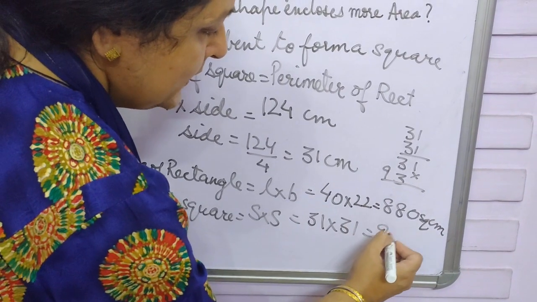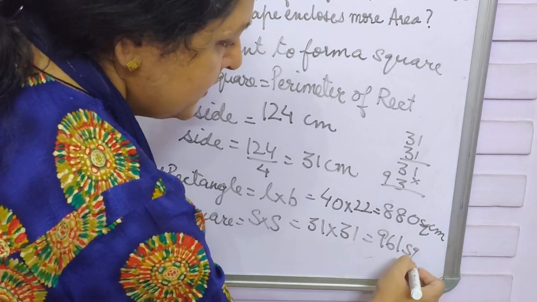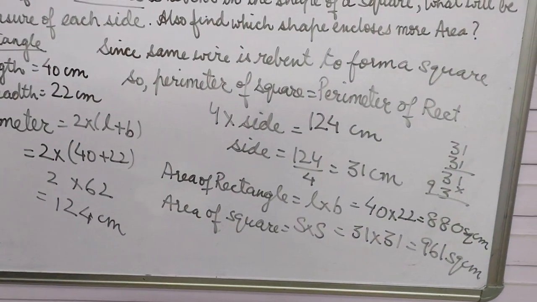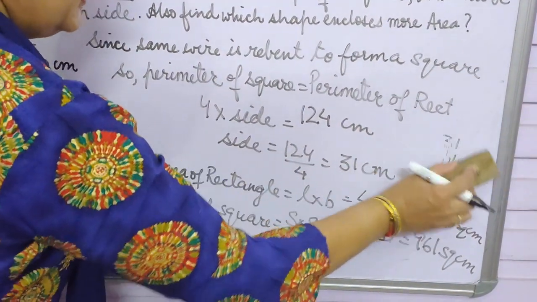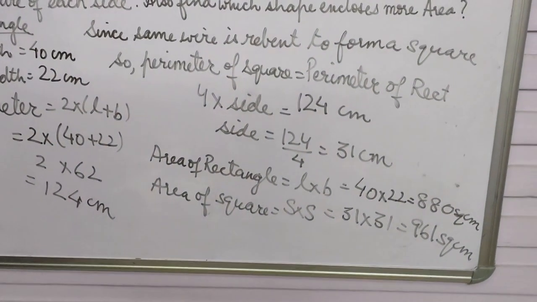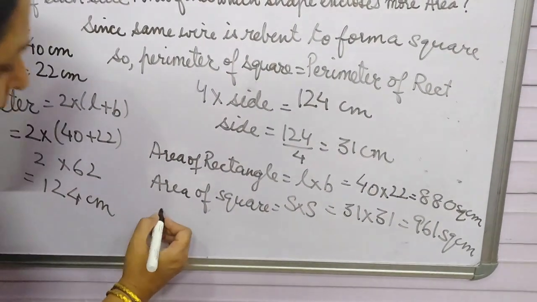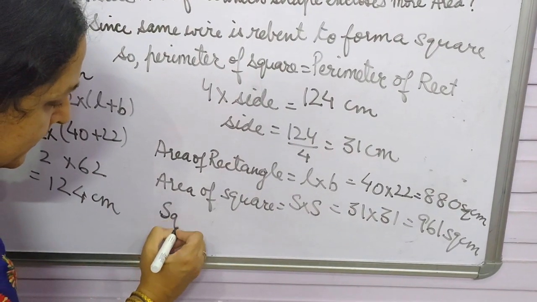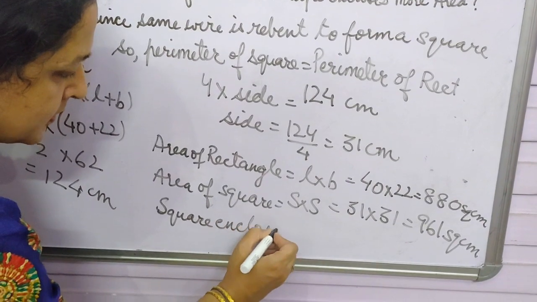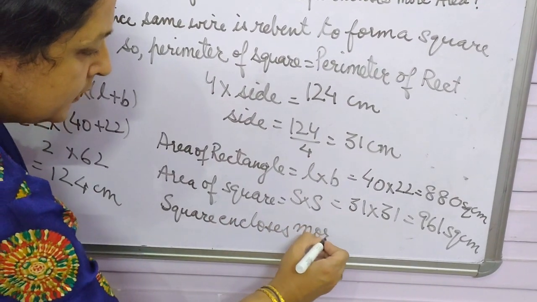So it is 961 square centimeter. So which shape encloses more area? As you can see, the square encloses more area.